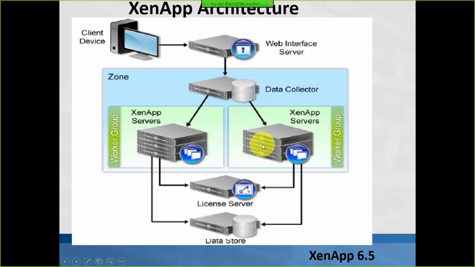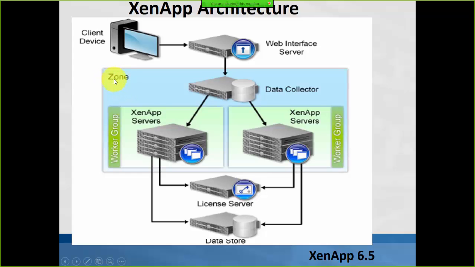So this server requires information about the infrastructure and what's going on the other side of the XenApp servers. So data collector collects the information and lets the servers communicate with each other. License server takes care of the license. Databases, so the database of course stores all the information of the farm.